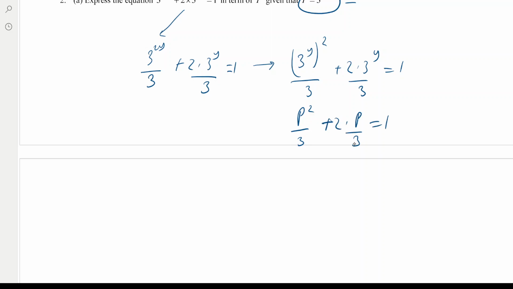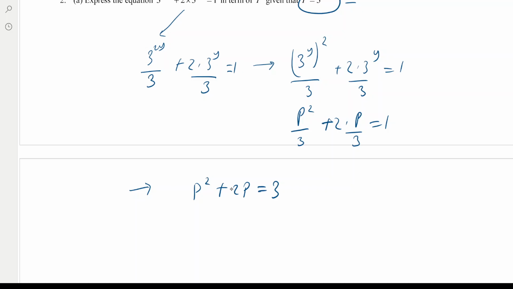You can multiply by 3 both sides, so we'll have p squared plus 2p equals 3. So now we have an expression in terms of p, dear students.